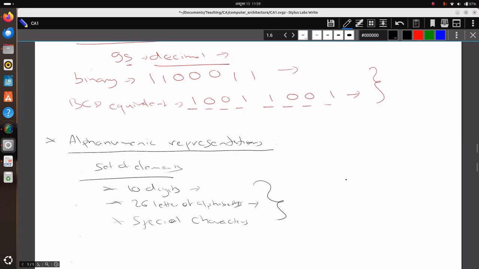For the ones where only the uppercase letters are included, it will require 6 bits to be represented, because the maximum number is 64. So 2 to the power 6 equals 64, so it can fit inside 6 bits. And if both uppercase and lowercase elements are included, the maximum goes up to 128 elements, which will require 7 bits to be represented.